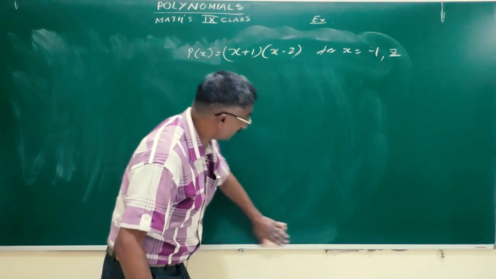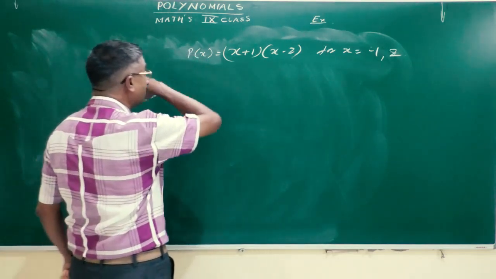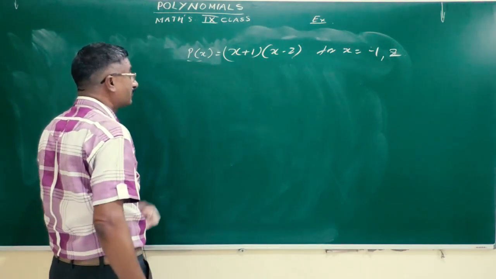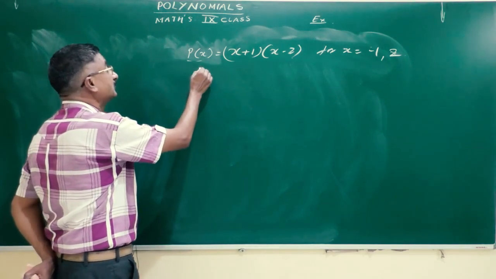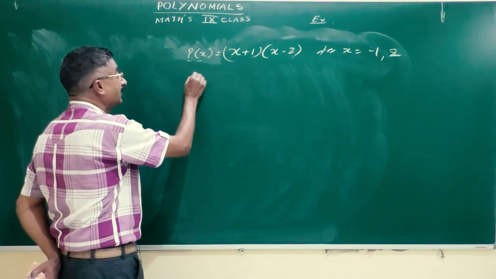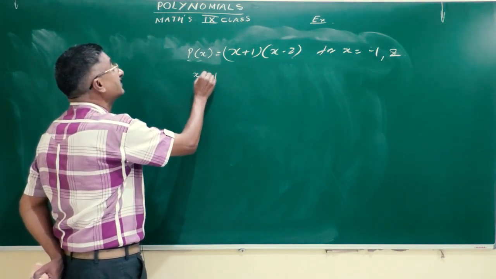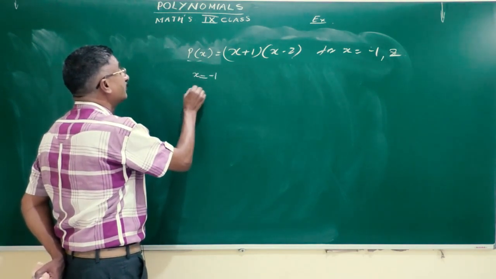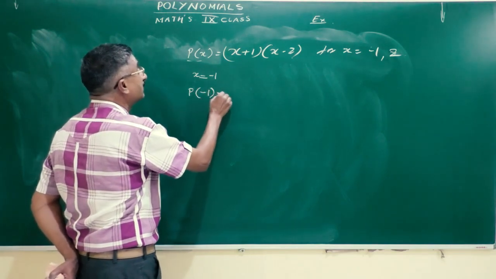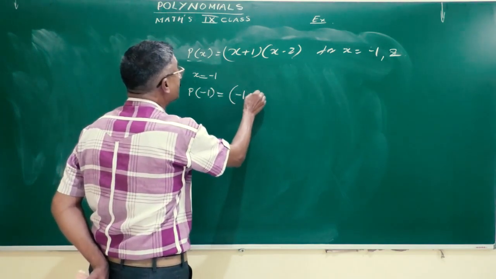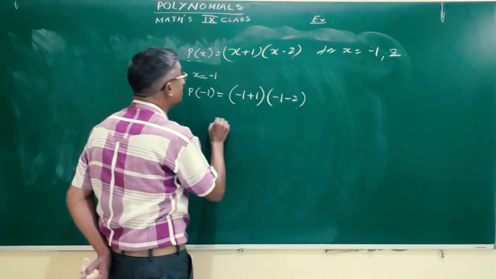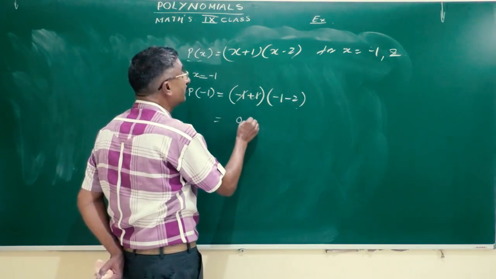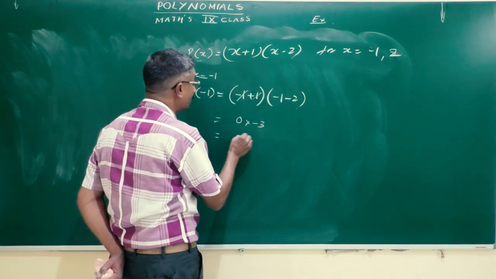So that's why you have to solve the problems on your own. I'm just solving it on the board, but you have to solve it at home individually. So substituting the value of x is equal to minus 1. So P(minus 1) is equal to minus 1 plus 1 into minus 1 minus 2. So 0 multiplied by minus 3 is equal to 0.